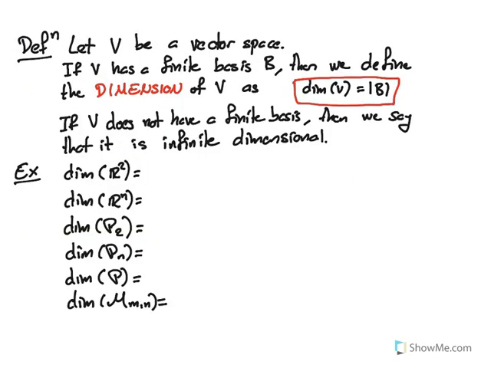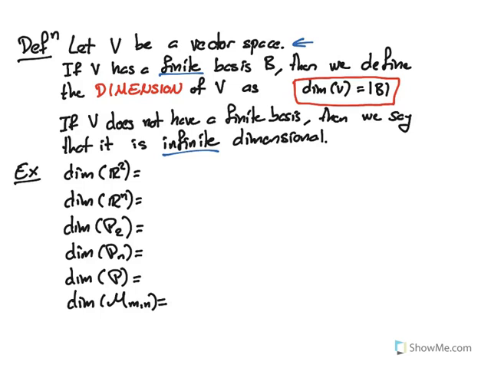And now, as promised, we get to our definition of the dimension of the vector space, which looks like this. Let V be a vector space. If V has a finite basis, then we define the dimension of V as simply the number of elements in that basis. So that leaves the case where V does not have a finite basis, and in that case we simply say that V is infinite dimensional.